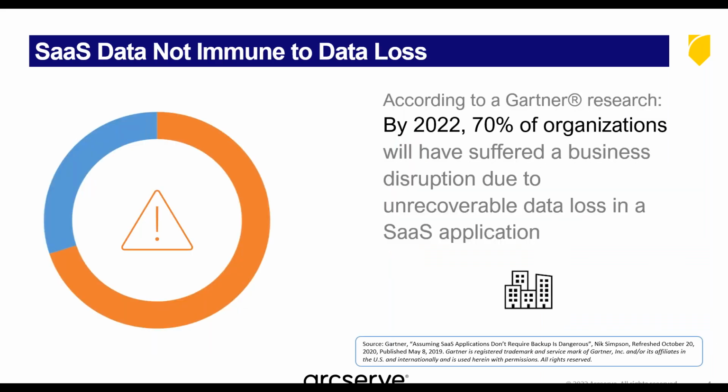Based on Gartner research, which was done quite some time back, it was already predicted during that time that assuming SaaS applications do not require a backup is very dangerous.